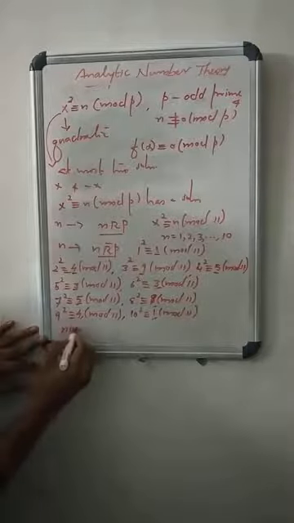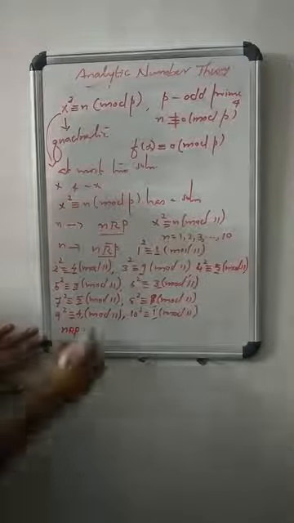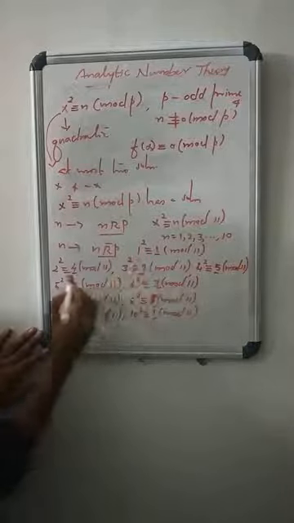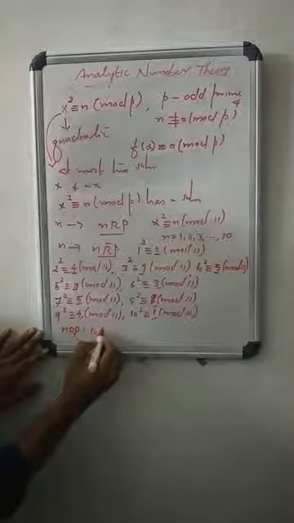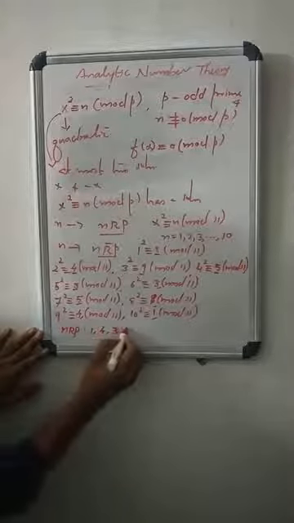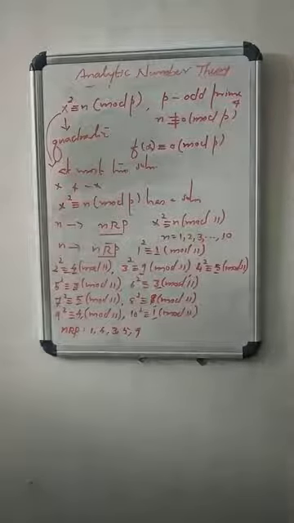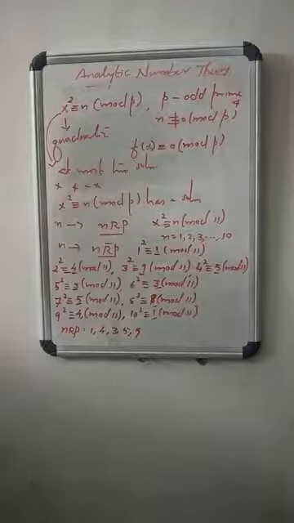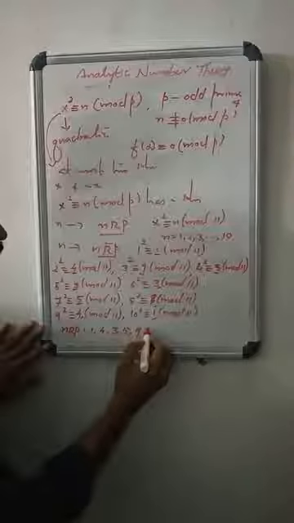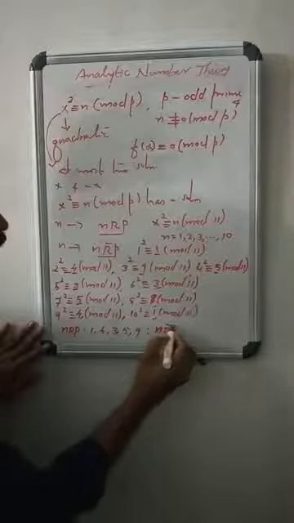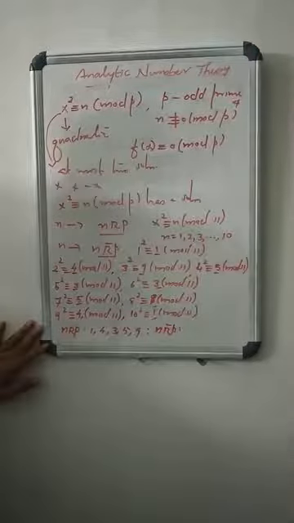So which are the quadratic residues here? The quadratic residues mod p are 1, 3, 4, 5 and 9. So the remaining terms mod p are the quadratic non-residues. Which are they?